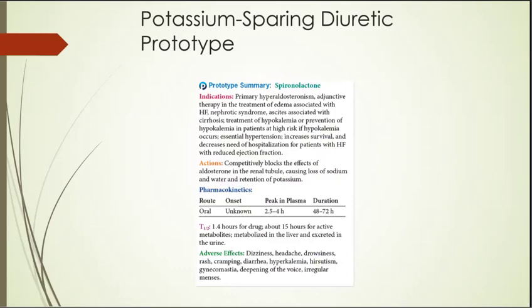If there's a problem with hyperkalemia, there are EKG changes, and it could cause a problem with the heart. The unique side effects that you need to understand: it causes gynecomastia, decreased libido, breast tenderness, irregular menses, and voice changes. Monitor potassium, kidney function, blood pressure, and daily weights. Avoid potassium supplements and salt substitutes unless prescribed.